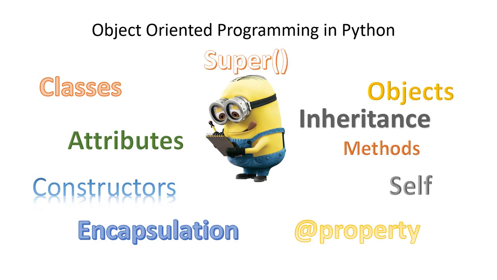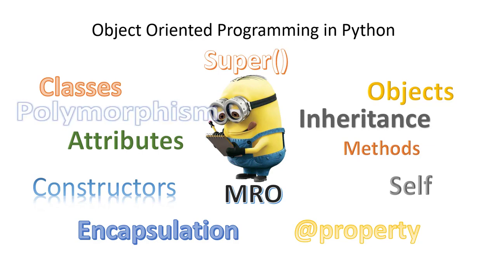Super is a function that helps a derived class to call its ancestor classes. Now, what is the order in which it should call? Who will decide it? That is decided by MRO, or method resolution order. And we know that this method resolution order uses one of the algorithms called the C3 algorithm, which implements the linearization technique of mathematics.